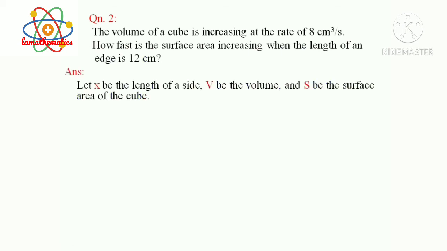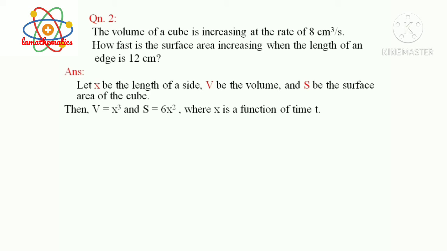Let x be the length of a side, capital V be the volume, and capital S be the surface area of the cube. Then we have volume V equal to x cube and surface area S equal to 6x square, where x is the function of time t.